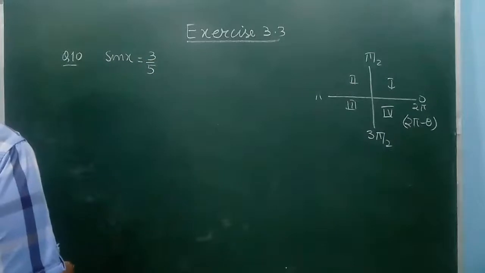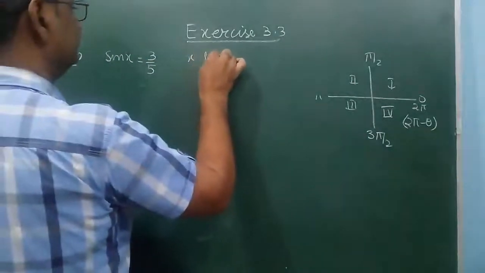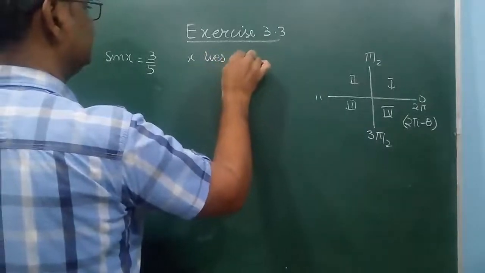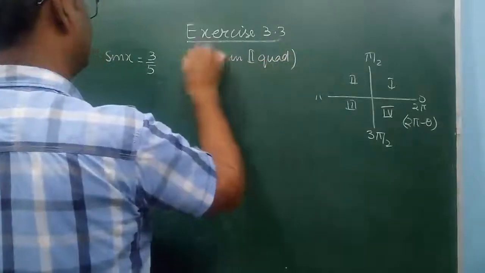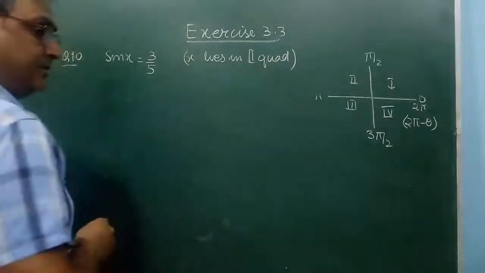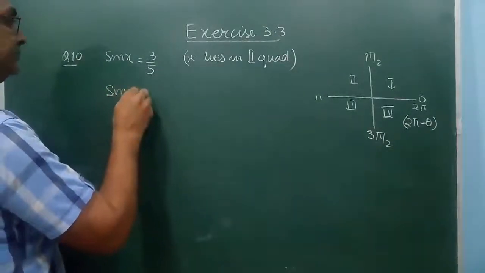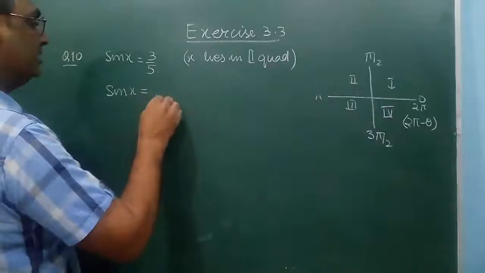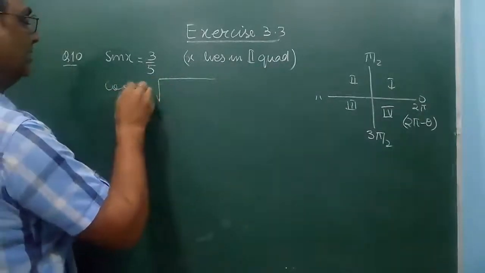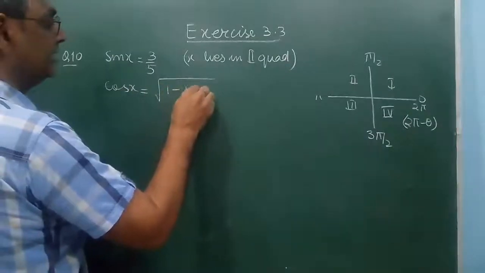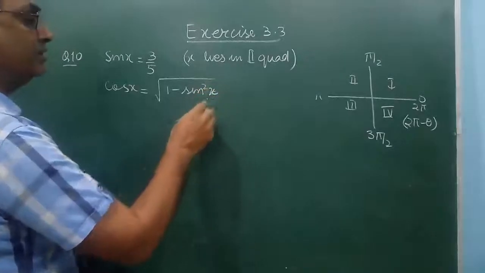Sin x equal to 3 upon 5, x lies in second quadrant. Find cos x. So sin x value we are knowing. Cos x is under root 1 minus sin square x. Sin square theta plus cos square theta we are knowing equal to 1.